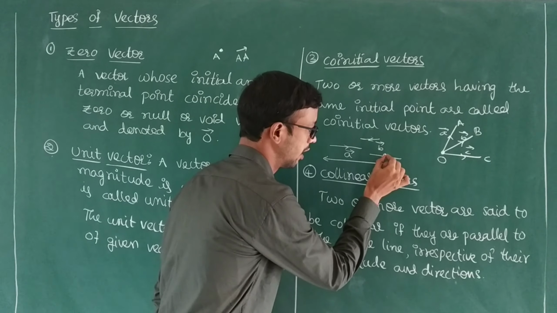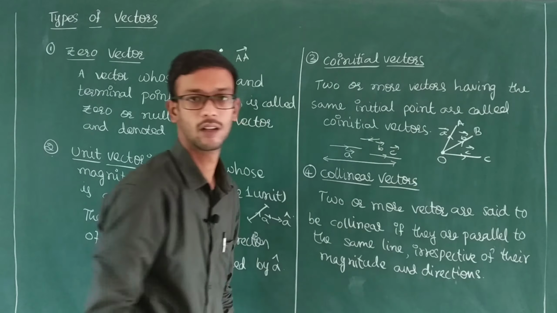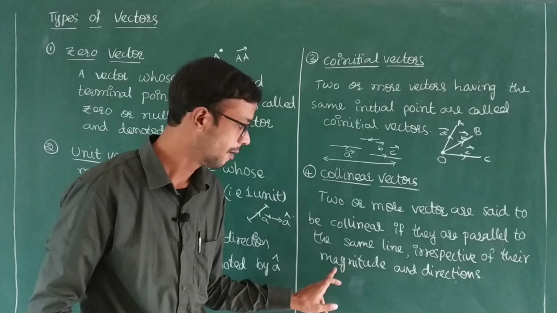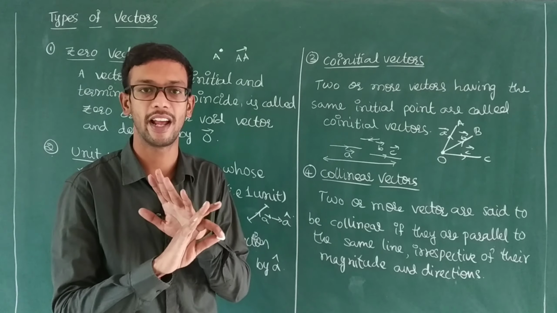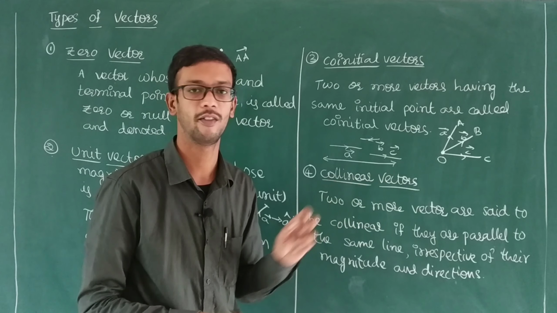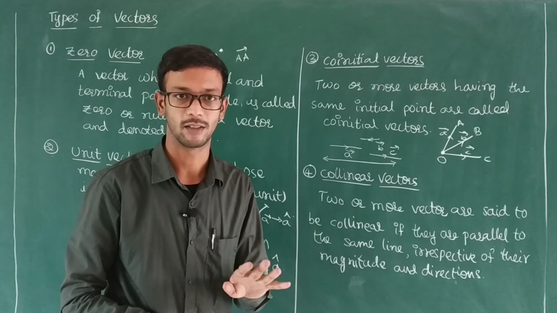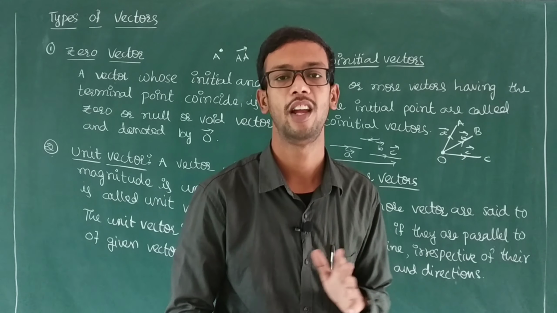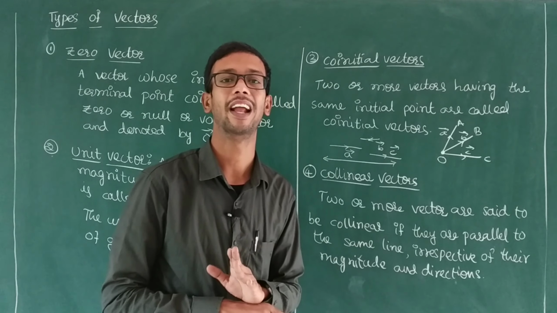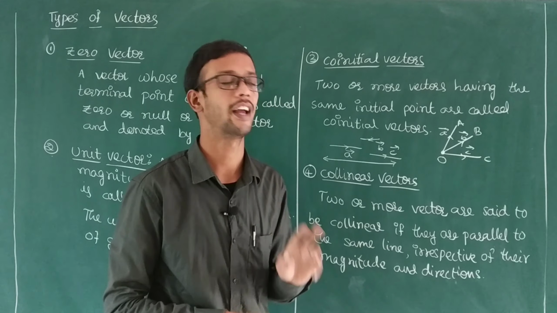Two or more vectors also. You observe these three vectors are parallel to the one line. That is only parallel to the same line, irrespective of their magnitude and direction. This word is very, very important. Magnitude and direction no need to check for collinear vectors. Collinear vectors means just two or more vectors parallel to the same line, irrespective of their magnitude and direction.